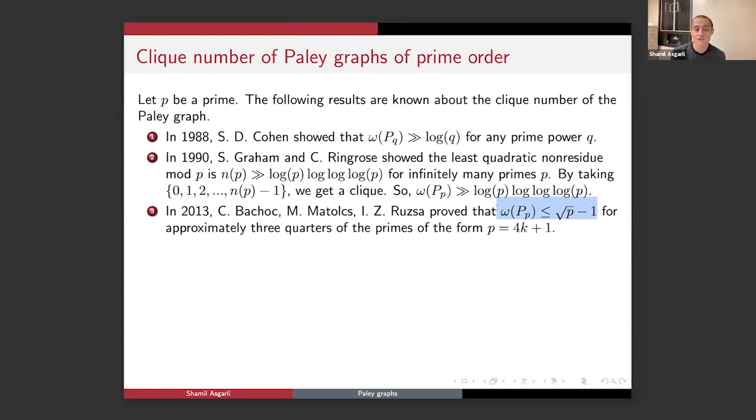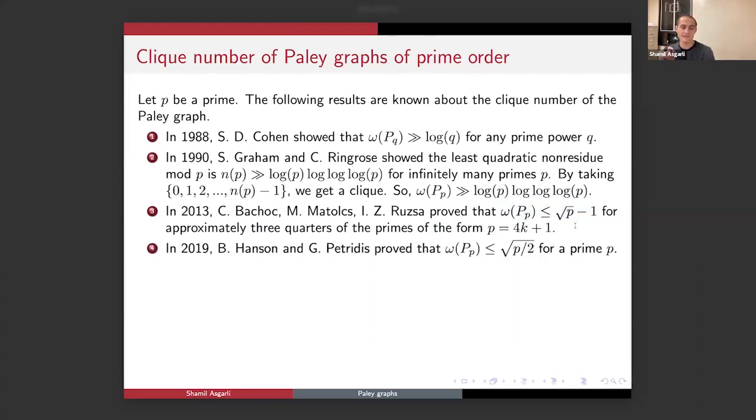And they established it for 3/4 of the primes of the form P equals 4k plus 1. So they didn't do it for every prime, but they showed that roughly for 3/4 of the primes that are 1 mod 4, this is the case.